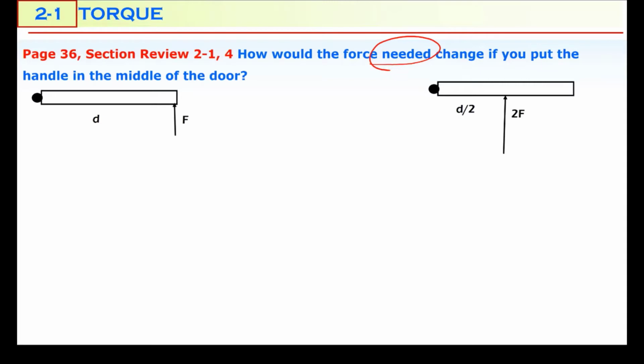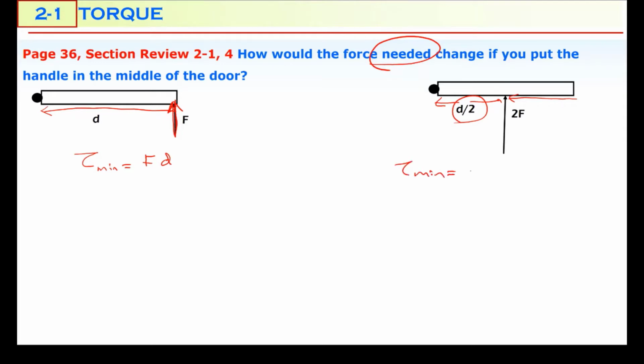So initially, you put the handle at the end. In here, it is at the end. You need a force F. But if you take the handle from the end to the middle, what decreases? Distance? Yes, distance decreases. Initial distance is D, but then distance D over 2. Same torque must be produced. So the torque in here is the required torque, which is the minimum torque, F times D. Here also it must be F times D, but what did you do here?